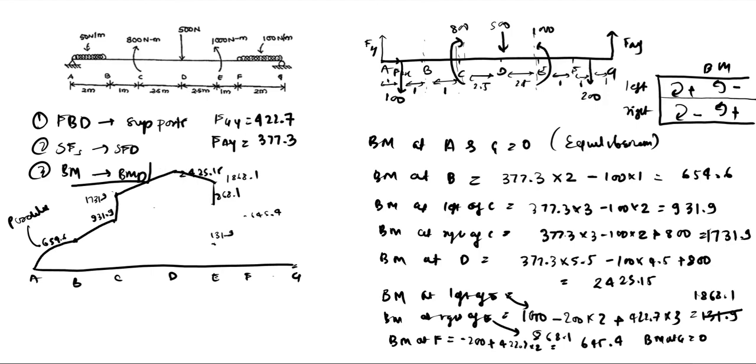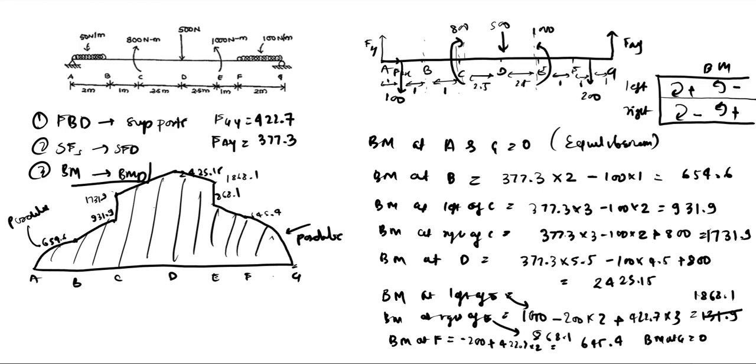Then it will go to 868.1. And then at F, it is going to 645.4. Then again a parabola until G, where it is going to 0. This is again a parabolic variation. So this is how you can make your bending moment diagram for the particular problem. Thank you.